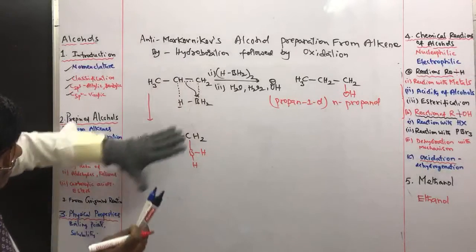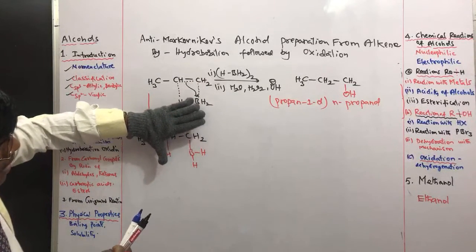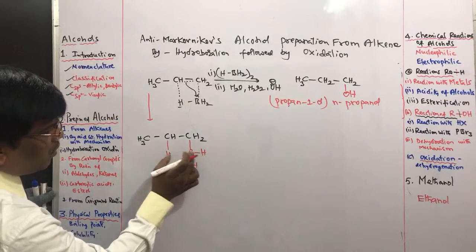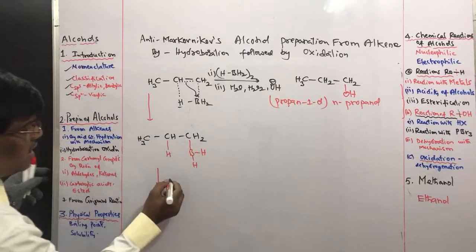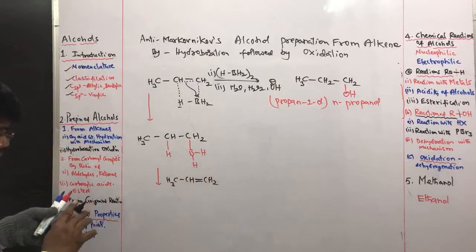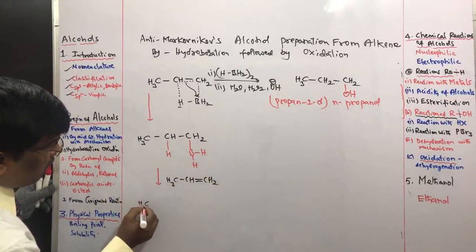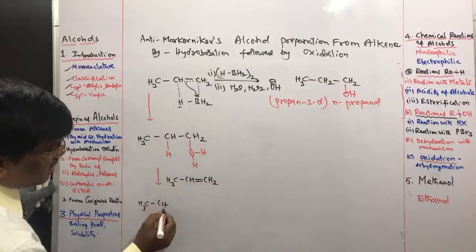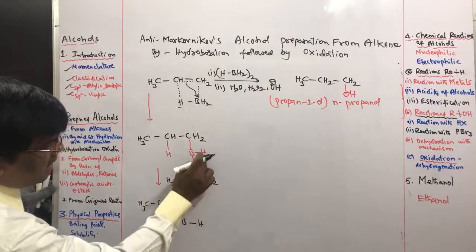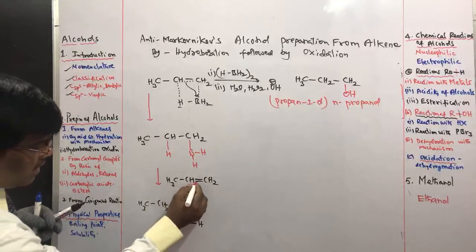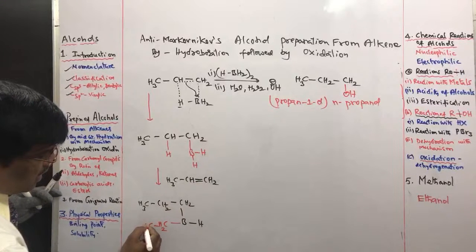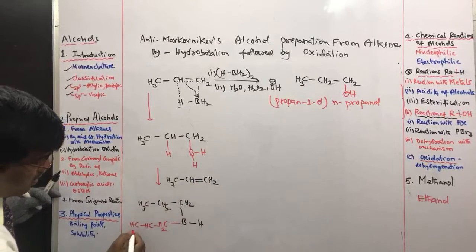Since it is similar to diborane, where if you think of the whole molecule as hydrogen, it further adds to another molecule of this CH3, CH double bond CH2, where it is going to give, so the previous CH3, let me write this here, CH2, CH2, now boron is here, one hydrogen is here, and this time it is attached to here, CH2 and CH, this is CH3.